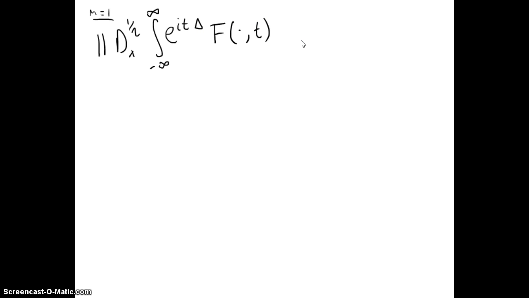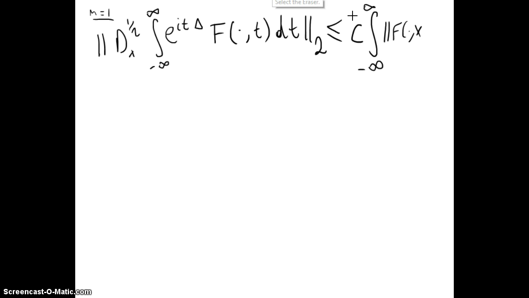Another thing one can prove is that in the case that n is equal to 1, the norm of D_x^{1/2} of the integral from minus infinity to infinity of e^{itΔ} f, dt, in L2 is less than or equal to c times the norm of f.